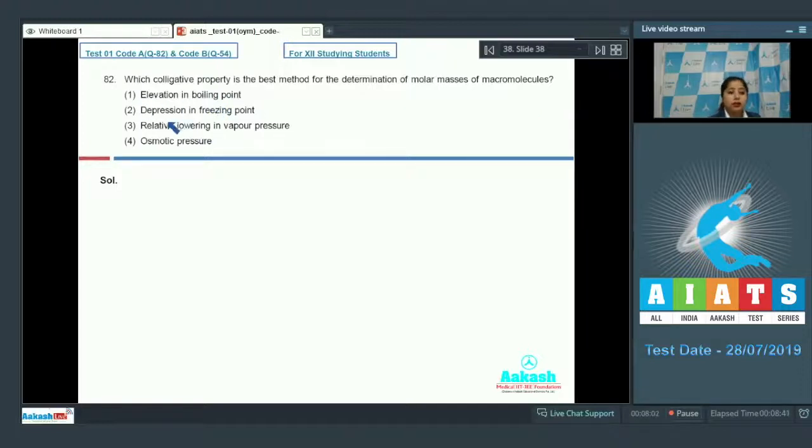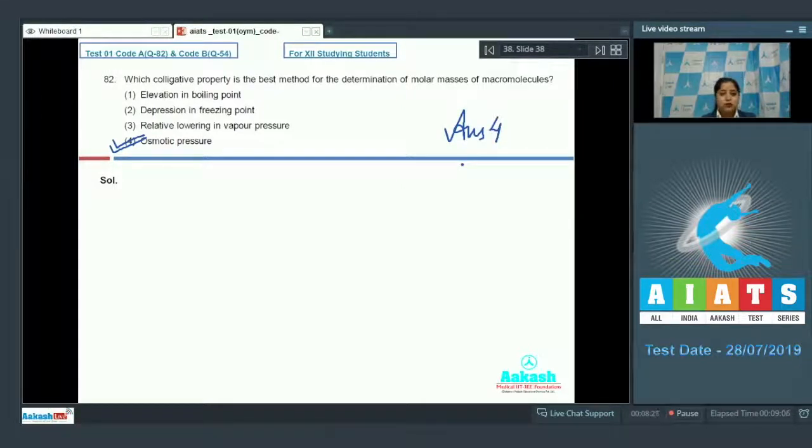The next option is depression in freezing point. The next is relative lowering of vapor pressure. And the last option is osmotic pressure. In this question, the correct answer is osmotic pressure, because osmotic pressure is the only colligative property which shows a high value even for a dilute solution. Therefore, the correct answer is option number 4.